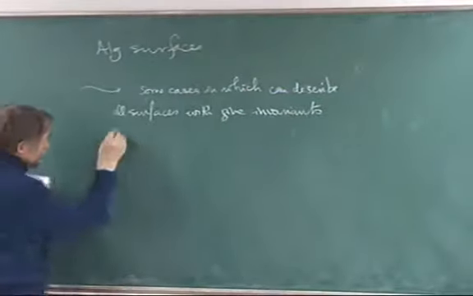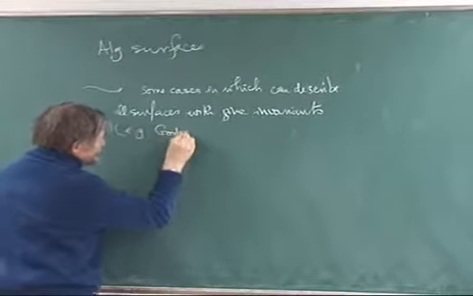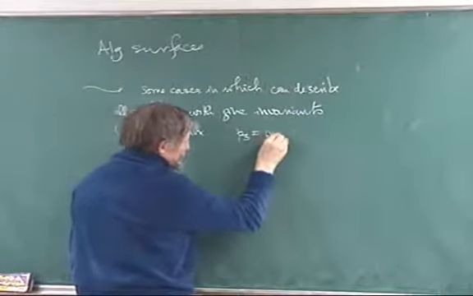So, e.g. Godeaux surfaces, which means pg equals 0, K squared equals 1.